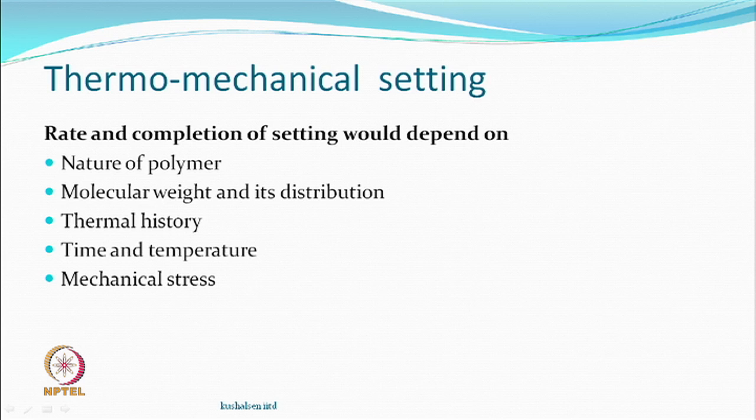Mechanical stress. All those who have studied a bit of structure and properties of fibers can understand that when we talk about a molecule taking a particular shape or configuration, whether it is folding onto itself to make a crystalline region or it is randomly orienting itself, it would depend on what the stress level in that filament was at that point, because all this is also called a relaxation process.